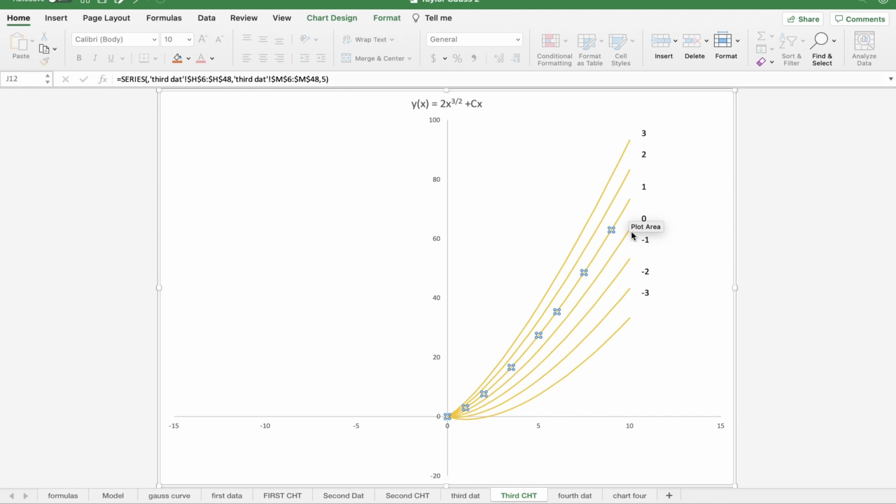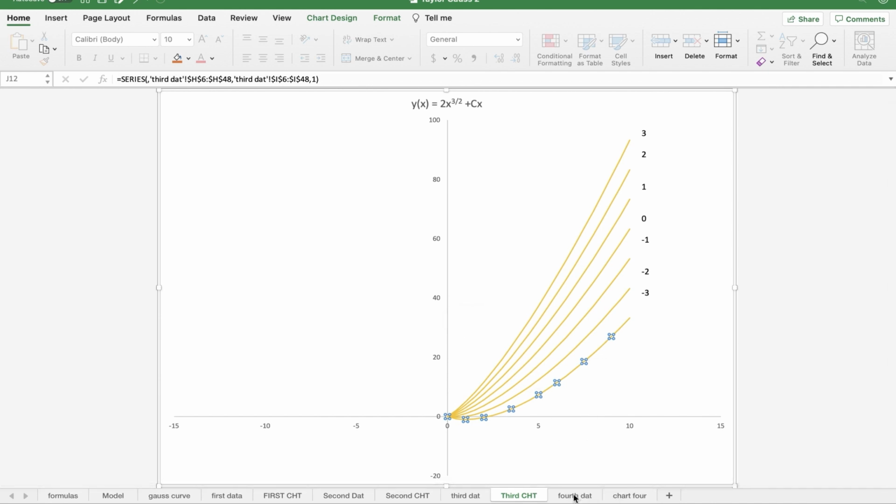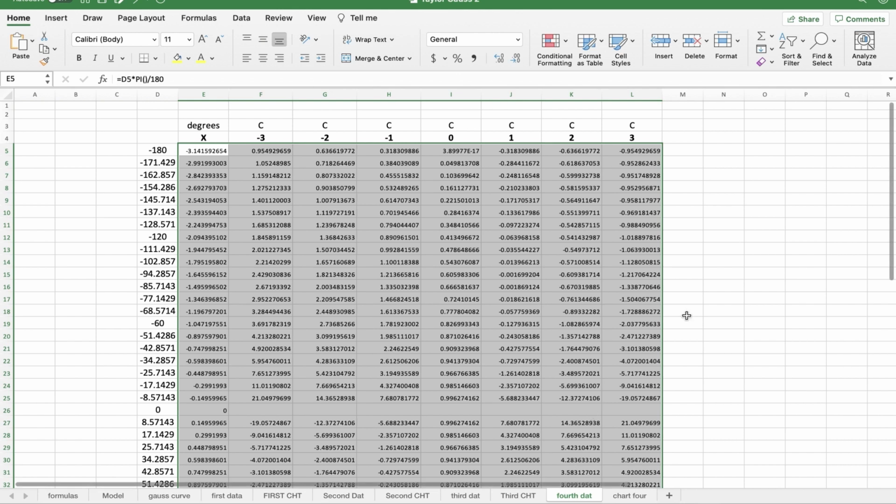So you can see here the impact that changing the constant by one whole number has on that particular function, 2 times x to the 3 halves plus cx. And it's what you would expect for these types of things.